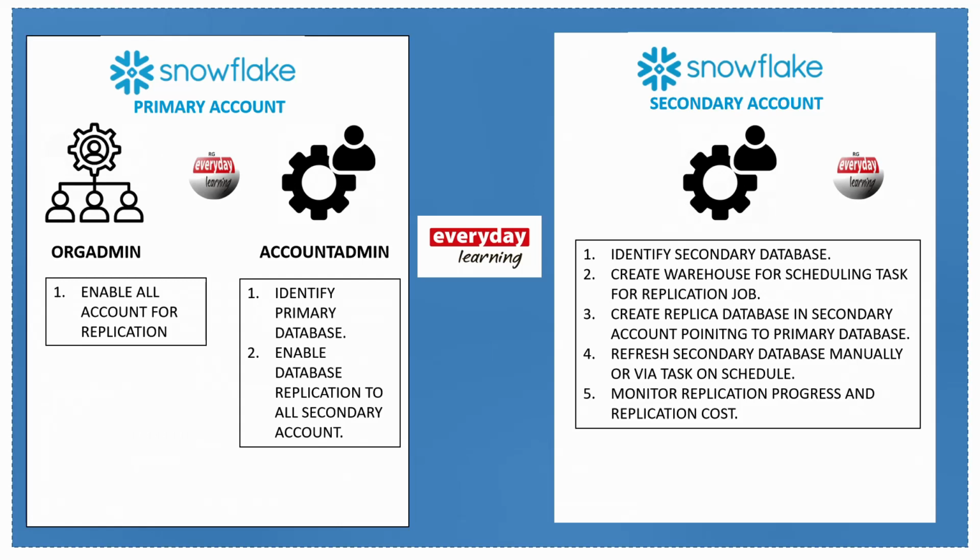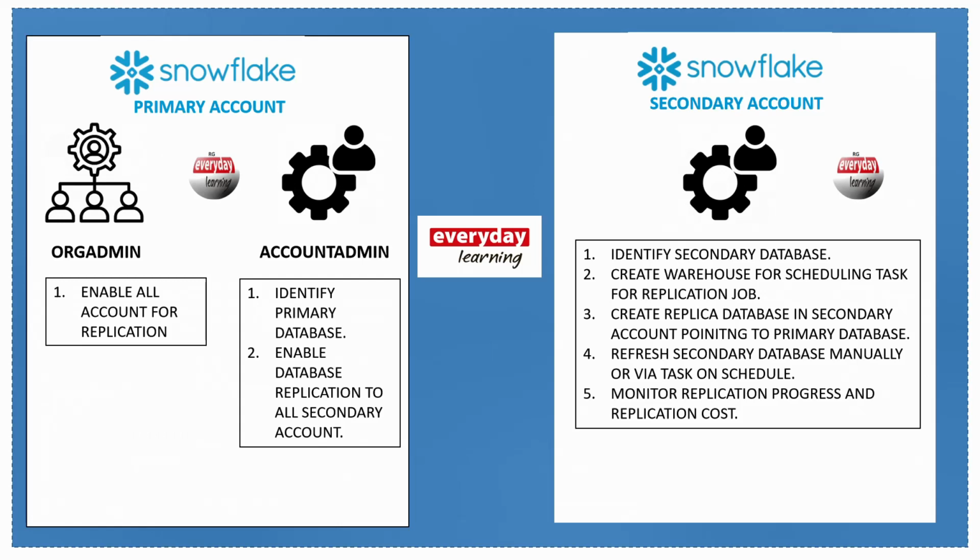On the secondary account, where you want to get the secondary copy, you already know which database you are replicating, so you are going to create the replica of that database. Before you create the replica, you need to create a compute, basically a warehouse, which we will use for all our compute in general, but not for the replication, because for replication Snowflake uses its own Snowflake provided compute.